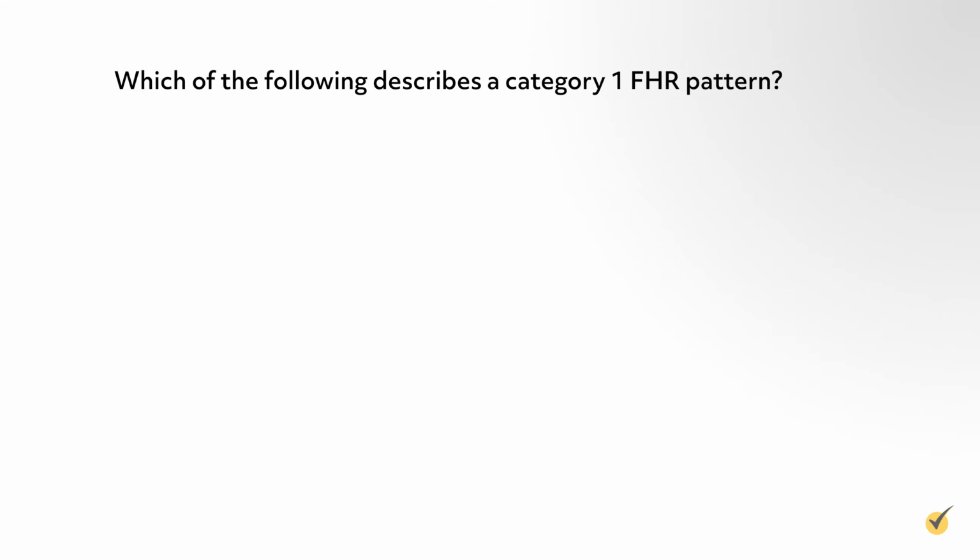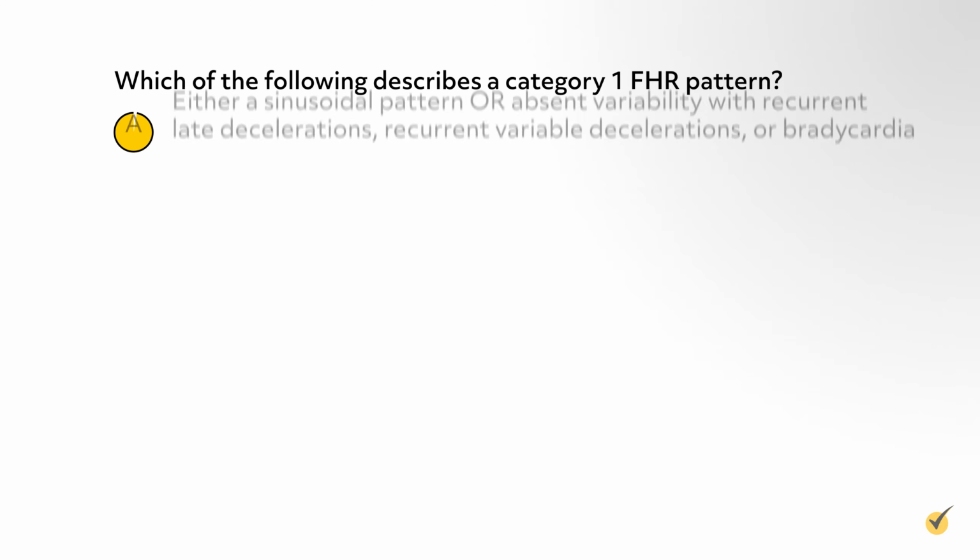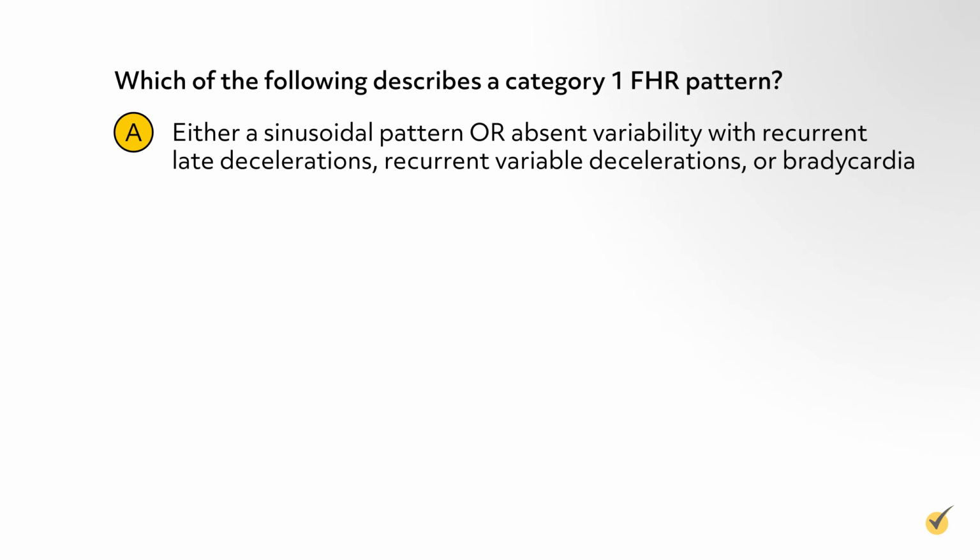And one final question. Which of the following describes a Category 1 fetal heart rate pattern? A. Either a sinusoidal pattern or absent variability with recurrent late decelerations, recurrent variable decelerations, or bradycardia.